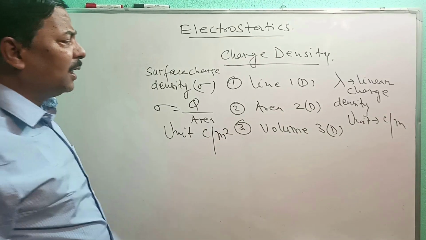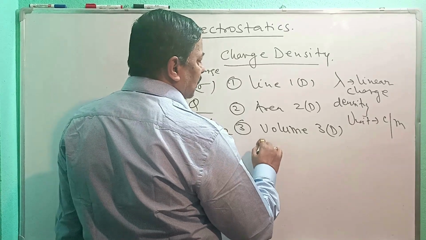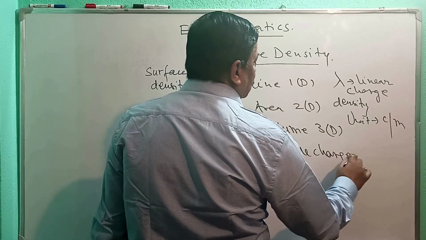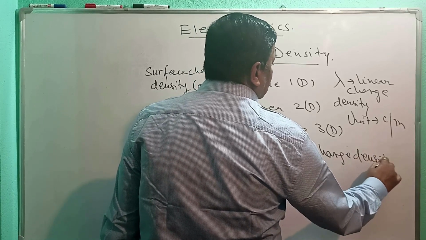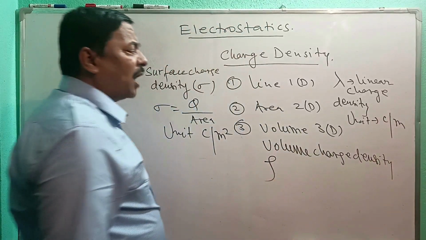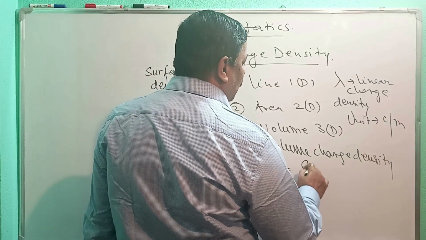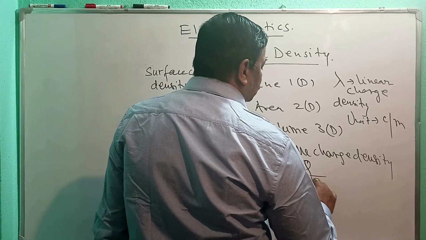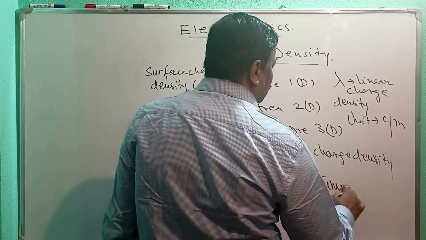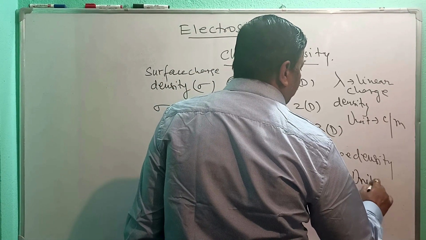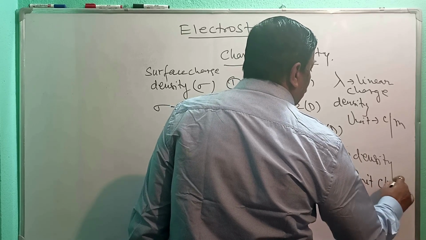And third, similarly, we can say volume charge density rho. Here the charge is distributed over a volume. Unit is coulomb per meter cube.